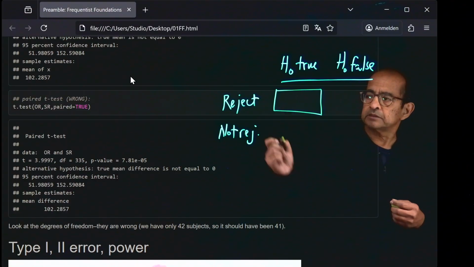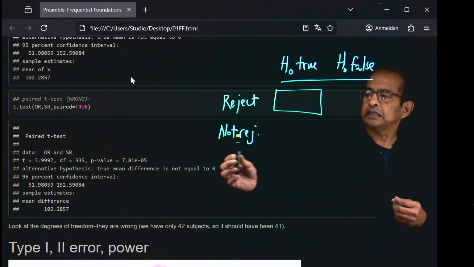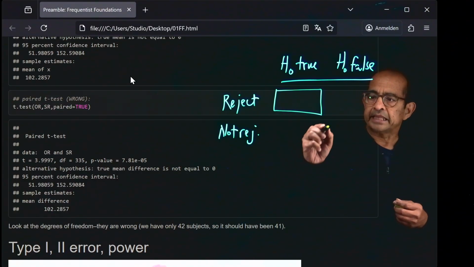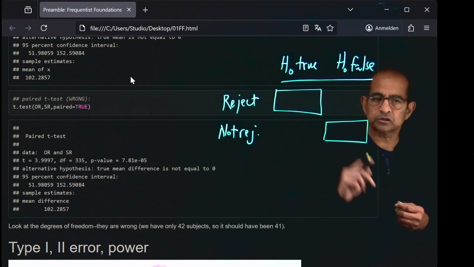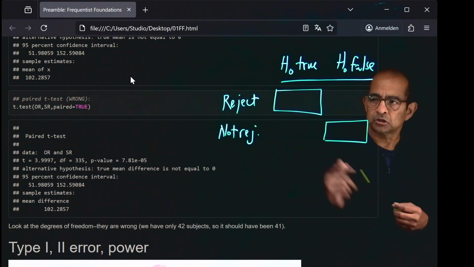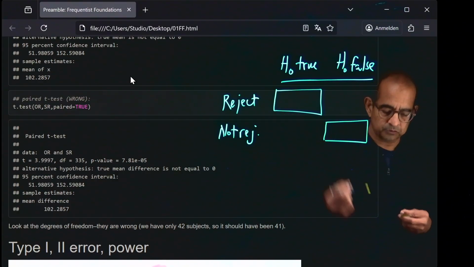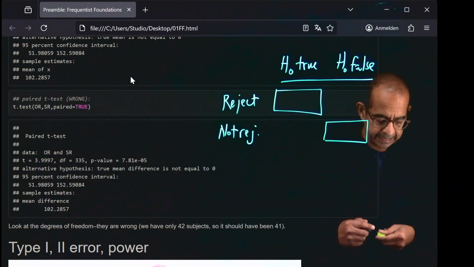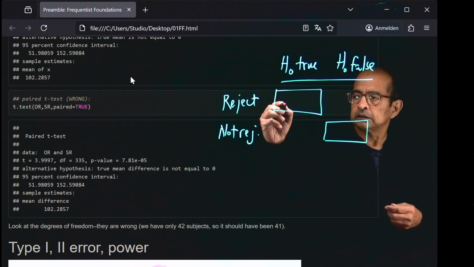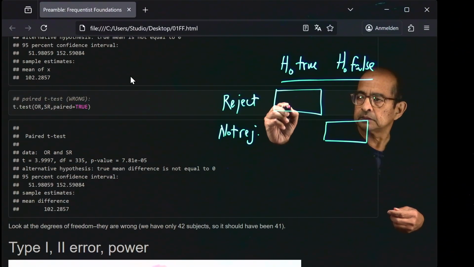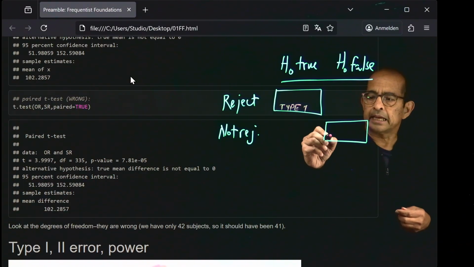Similarly, if we fail to reject the null and it turns out that the null is actually false, then here also we have made a mistake. So these are two kinds of mistakes that one could make, and these mistakes are called type 1 error and type 2 error.